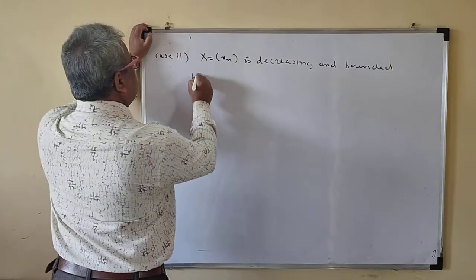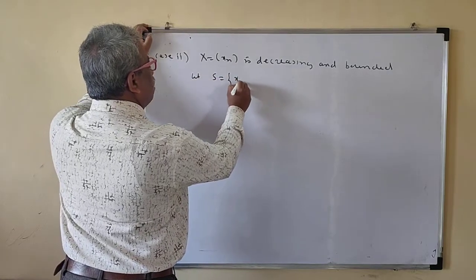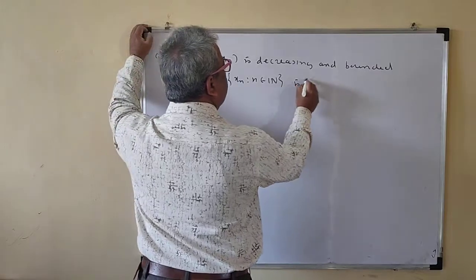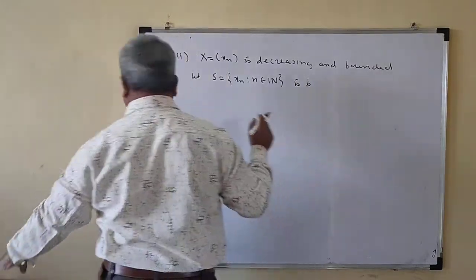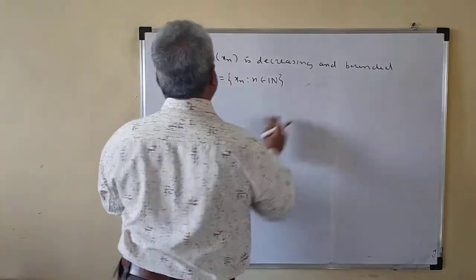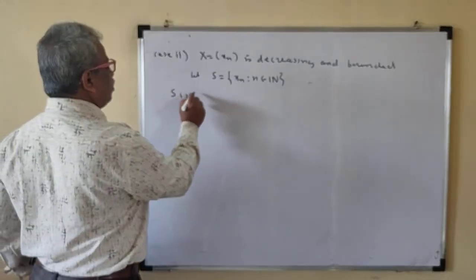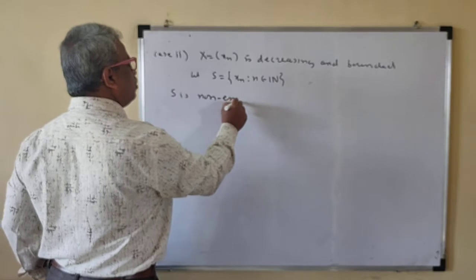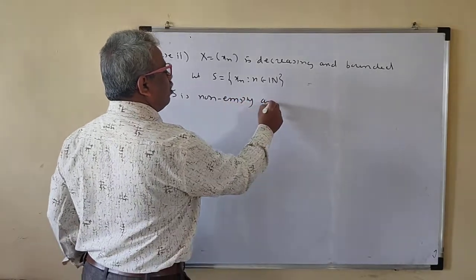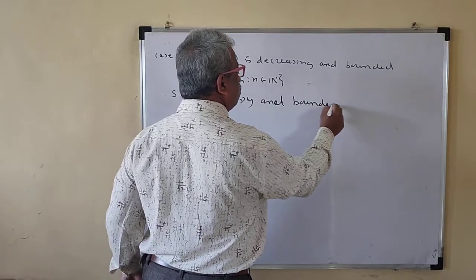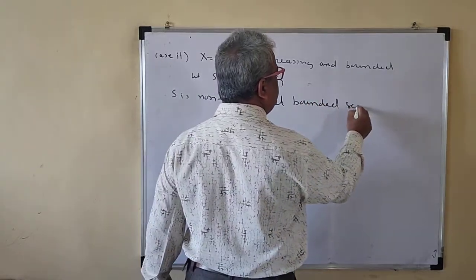Okay. So let S be equal to xn, n belongs to N, which is bounded. So S is a non-empty and bounded set.